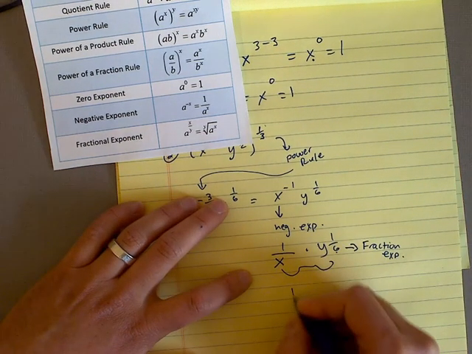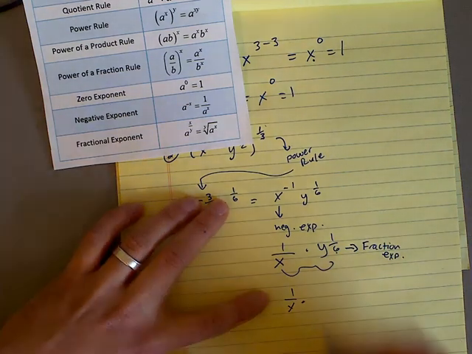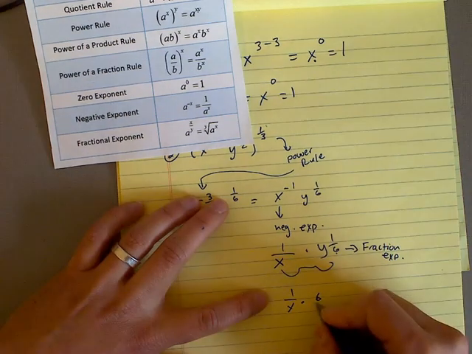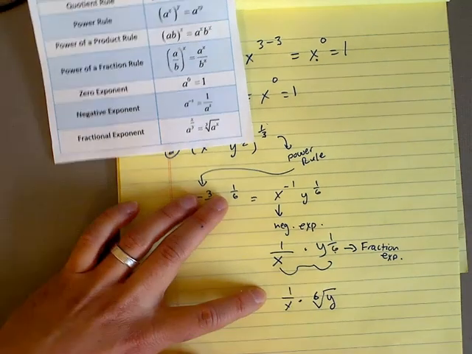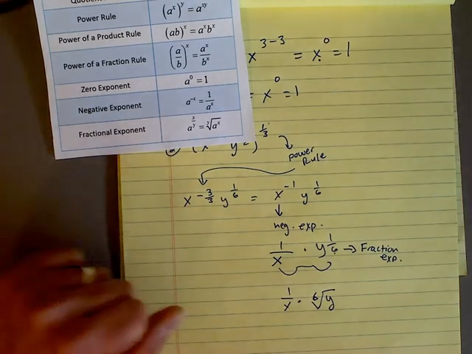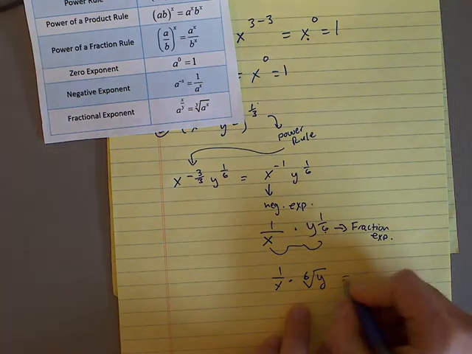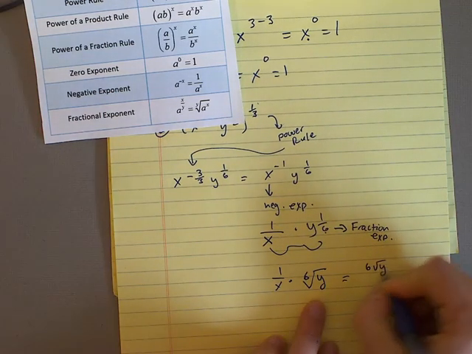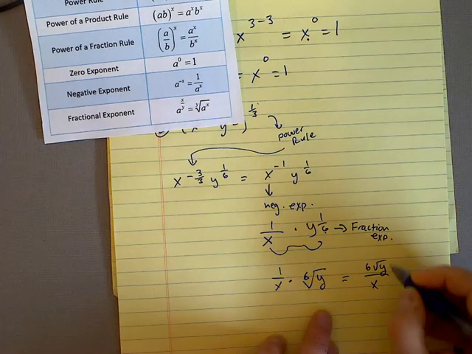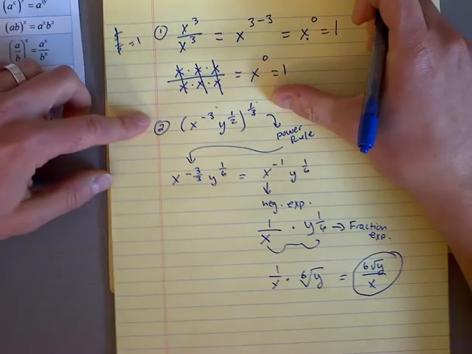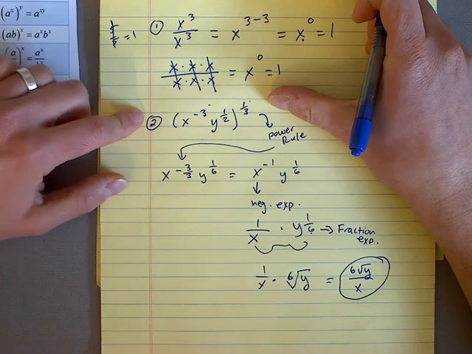I'm going to rewrite 1 over x times the 6th root of y. And then finally, to combine these together, we're going to get the 6th root of y over x. And that is your simplified answer to what we started with.